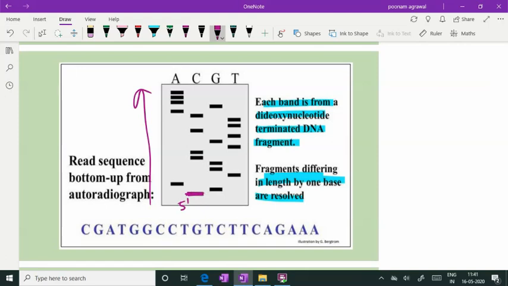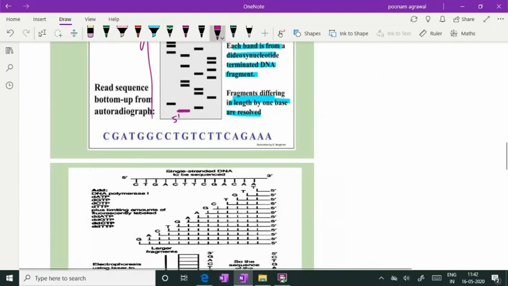The one towards the site of application is not moving much. That is the sequence towards the 3' end of the new DNA, because DNA synthesis takes place in the 5' to 3' direction, and the complementary sequence is analyzed. That is the actual sequence of the targeted DNA.